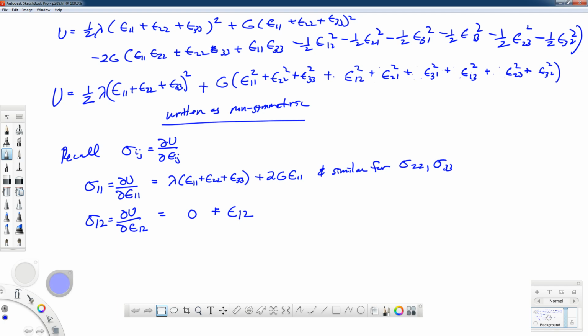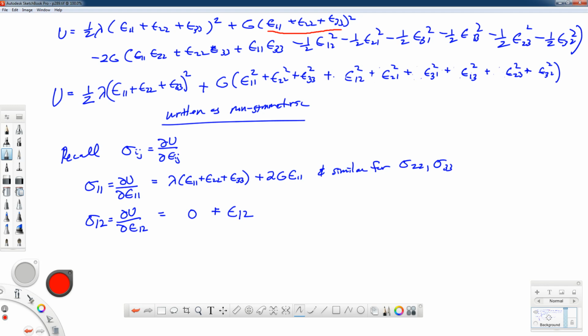The first term is 1/2 lambda times quantity epsilon 1 1 plus epsilon 2 2 plus epsilon 3 3, squared, plus g times, from the first term, we get epsilon 1 1 squared plus epsilon 2 2 squared plus epsilon 3 3 squared.